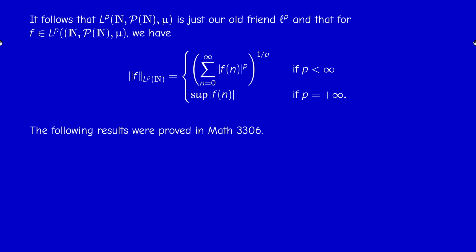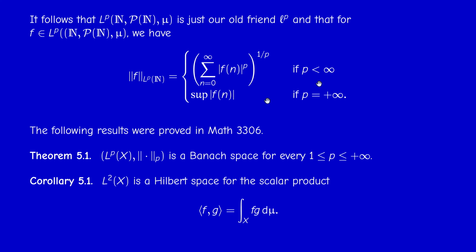Now I will just mention, without proof, some of the main results that we proved in Math 3306, the second course on measure theory and integration. First of all, capital L^p equipped with this norm is a Banach space, so it's complete. This includes the whole range of p from 1 to infinity inclusive.